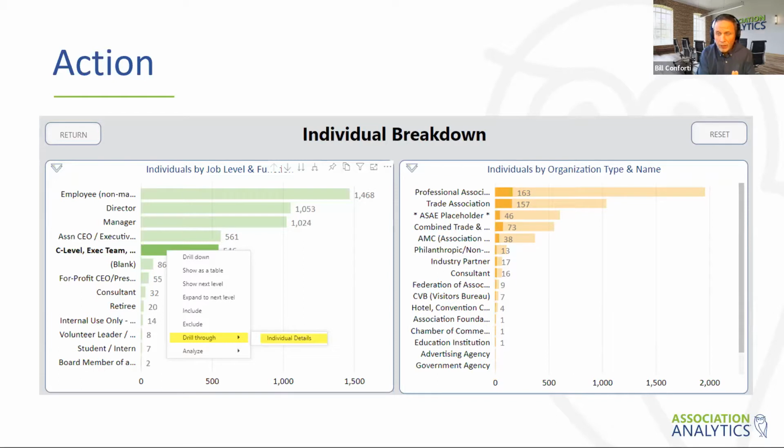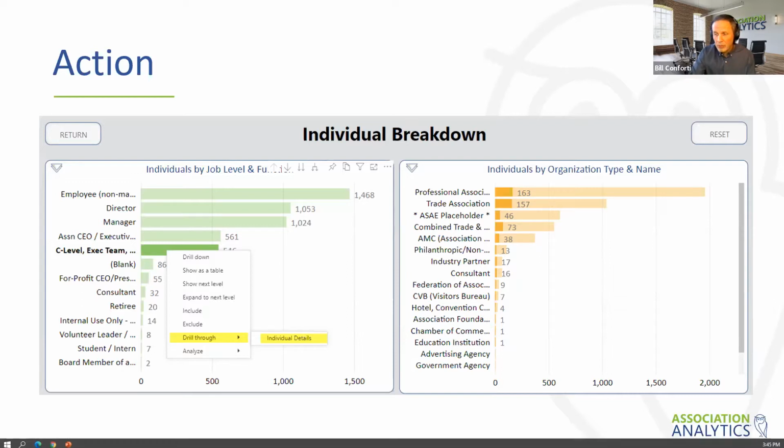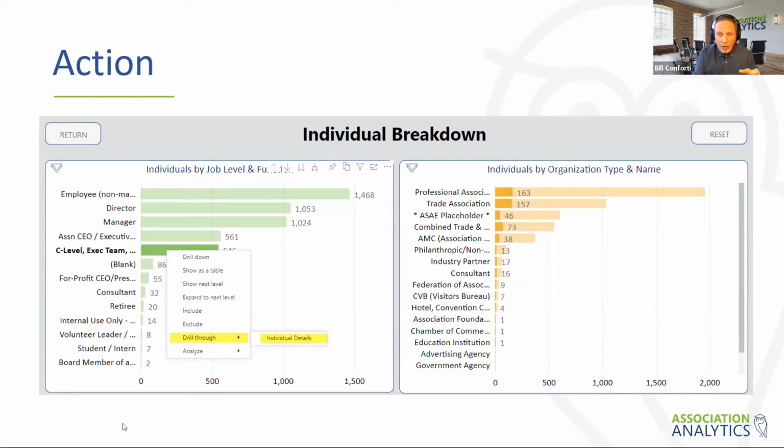I'm going from a population of individuals, based on their likelihood to renew. Then I'm looking at a demographic breakdown for characteristics that I care about, because I'm looking for a call to action. And then eventually I'm going to drill through, and now I have a call to action for C-level executives that are kind of on the fence whether they're going to renew or not.